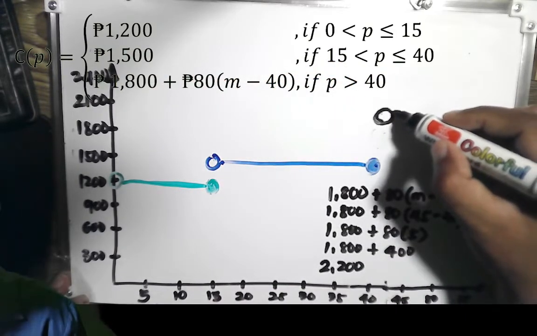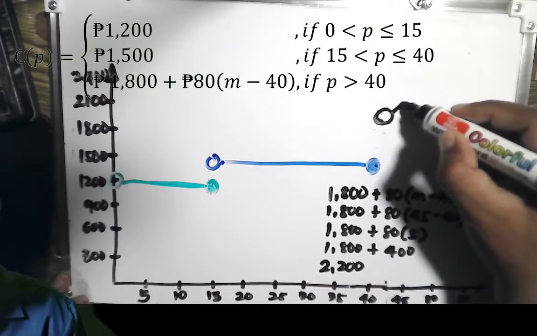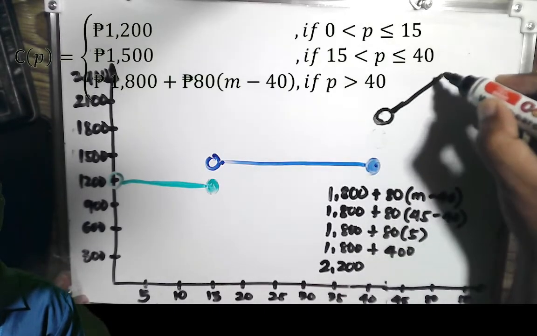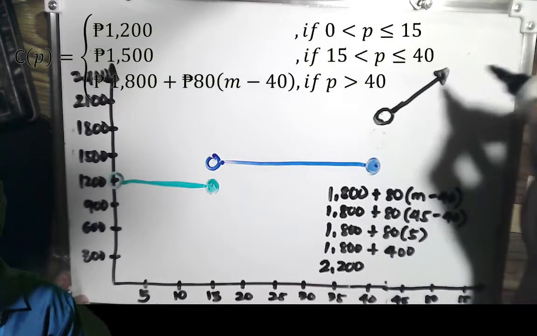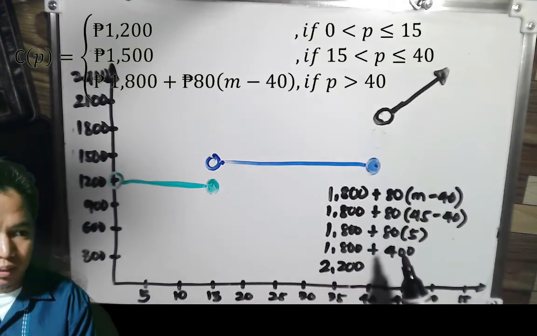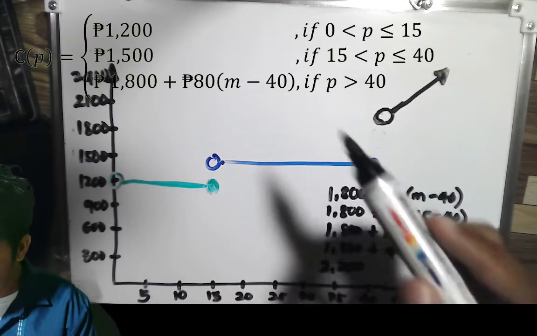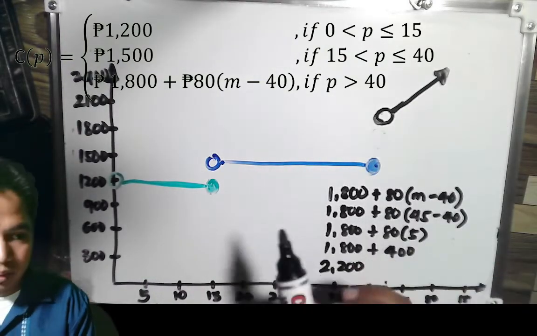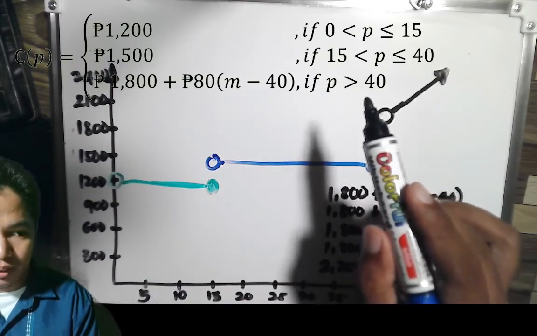Tapos, umangat ng konti. So, yan. Yung line niya, pataas na. Then, we have an arrow. Since wala na tayong limit, doon sa greater than 40.